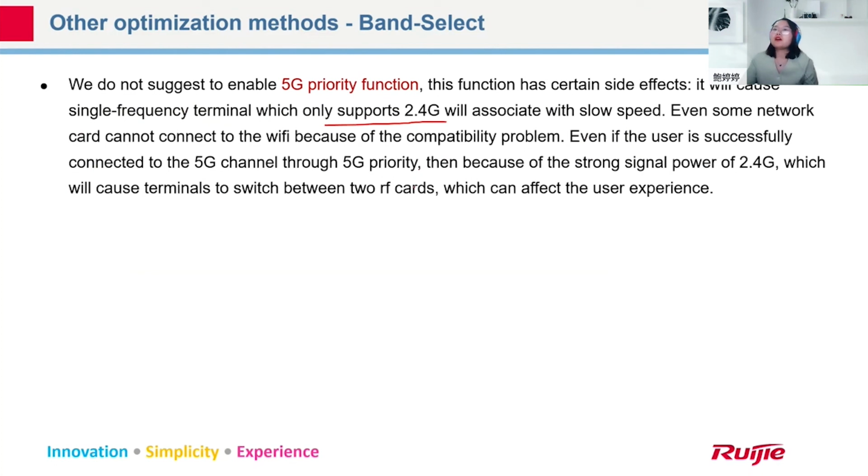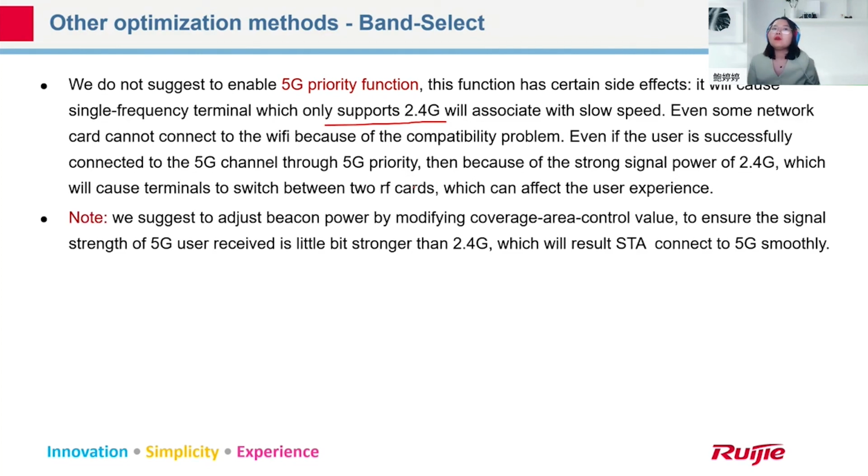So in this scenario, we hope that 2.4G and 5G can be used at the same time. We have to enable these two bands at the same time, but 5G has a stronger signal than 2.4G. In this scenario, if the terminals can support two bands, they will connect to 5G first. If one terminal only can support 2.4G, we still have one band to support it.